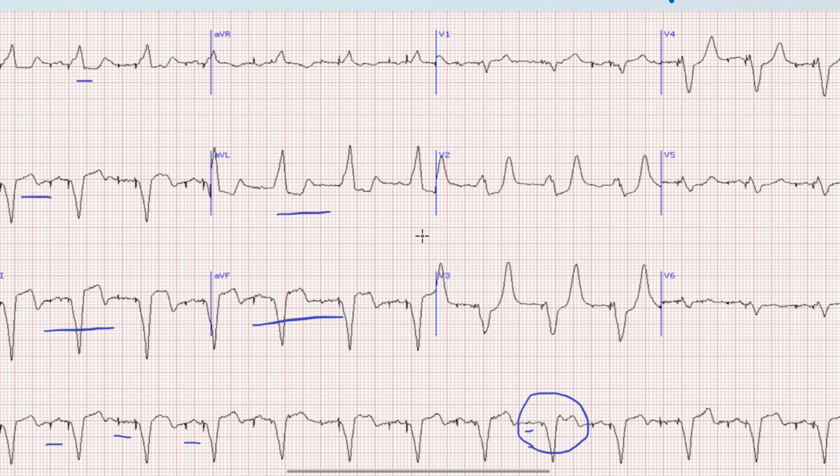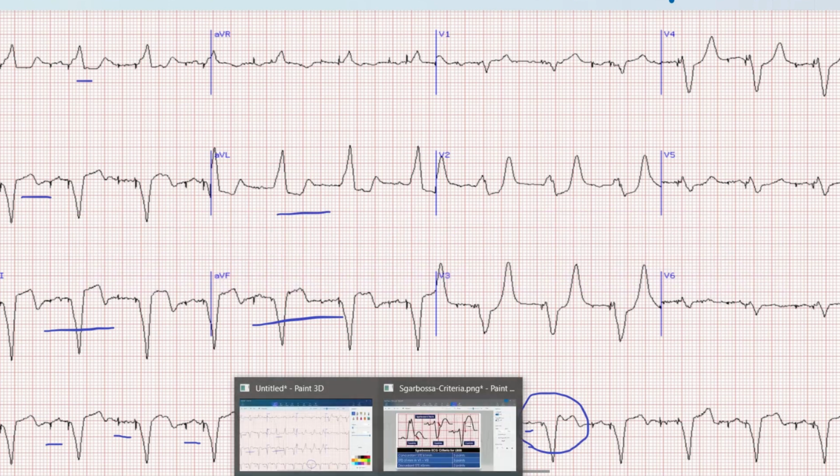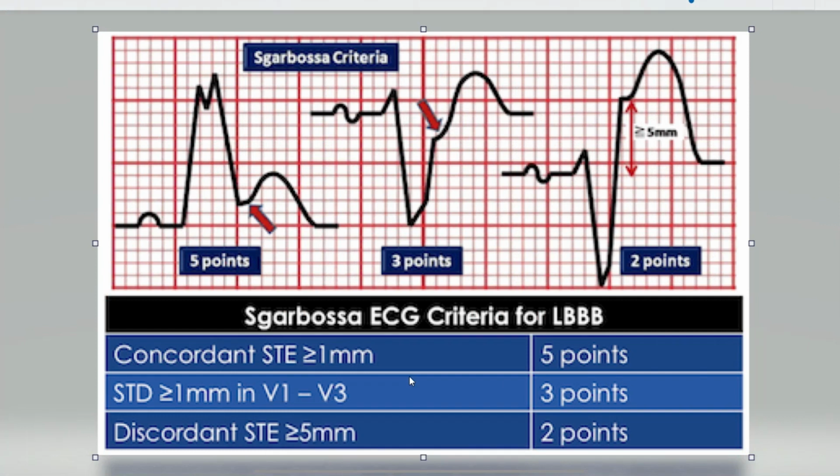In cases where there is left bundle branch block or a ventricular paced rhythm, to find the ischemia on ECG, we apply Sgarbossa criteria. Now, what is Sgarbossa criteria? Sgarbossa criteria is an ECG criteria for new onset left bundle branch block or paced ventricular rhythm.